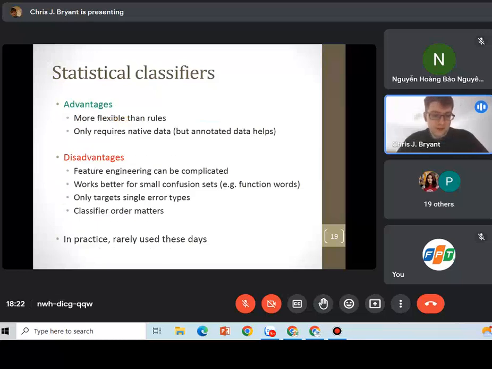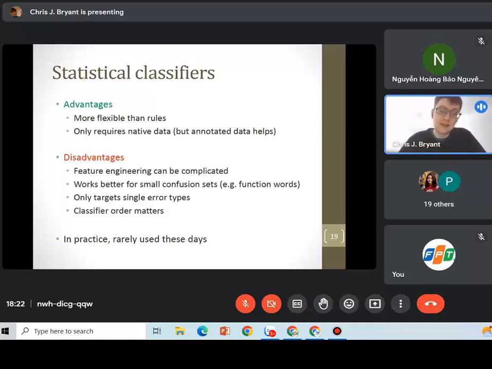One of the main advantages of this is that it's more flexible than rules. Whereas with rules, you needed to precisely define the relationship, you needed to extract the part of speech, you needed to extract the parse and work out what to compare. For classifiers, you just go, I think the POS tag might be useful, I think the parse might be useful, I think other things might be useful, and then the model just works out how to relate them without having to explicitly define it.